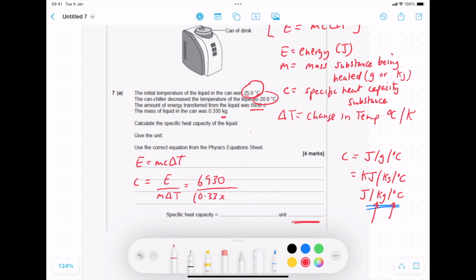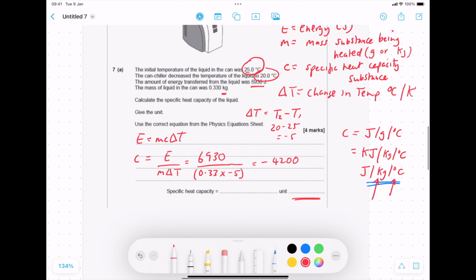So delta T would be T2 minus T1, which would be, yes, that is -5, not +5. So I'm going to put in -5 here. Gives me an answer of exactly -42000.